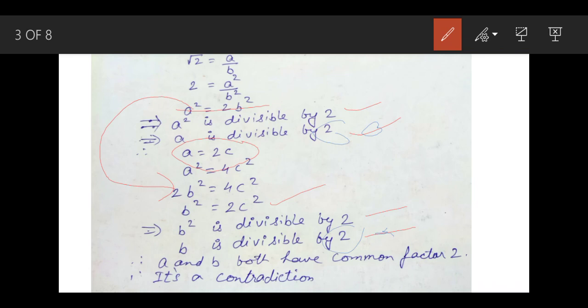But what we have assumed at the top, that root 2 is rational and a and b have no common factor other than 1. But what we have found, that a and b have common factor 2. So it is a contradiction. It means our assumption is wrong. Root 2 is an irrational number.